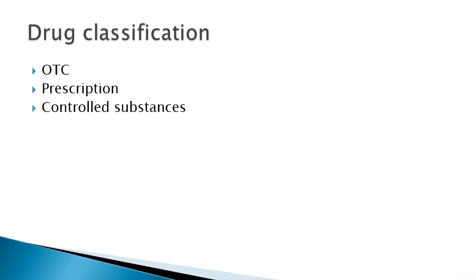So when we look at drug classifications, there are 3 major classifications of drugs. You're going to have your over-the-counter drugs, your prescription drugs, and your controlled substances. So over-the-counter drugs obviously don't require a prescription, and many of them were originally prescription drugs but had been approved by the FDA as a non-prescription drug.